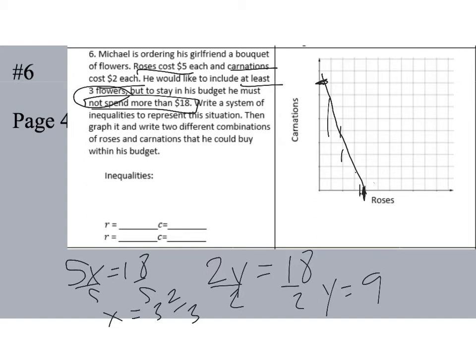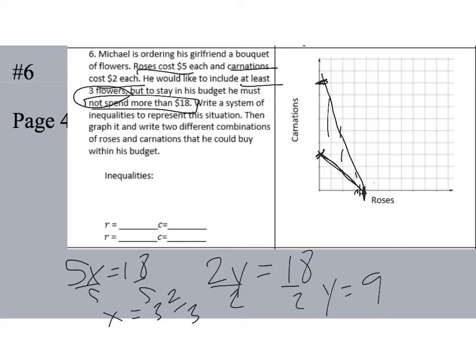So if he gets 3 carnations, we'd have a point here on the y-axis for 3. If he gets 3 roses, we'd have a point here. And draw a line connecting these, because all the points in this region wouldn't work anyway. Imagine 1 rose, 1 carnation. No, that's not enough.